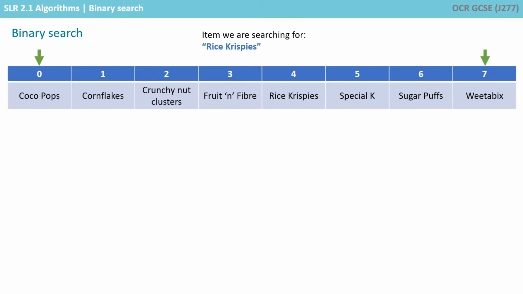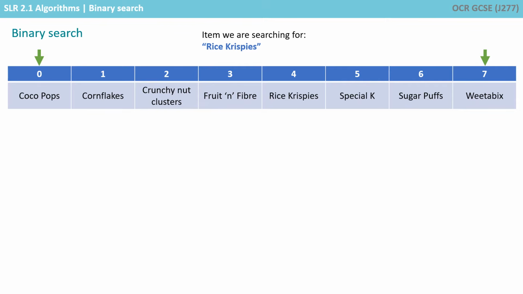In a similar way, if the item you're looking for is greater than the item at the midpoint, you can disregard all the items to the left of the midpoint and repeat the algorithm only on the right half of the list. In doing so, you are disregarding half of the items in the list each time. However, the binary search requires the data to be in order for it to work, but it's much more efficient than a linear search on average.